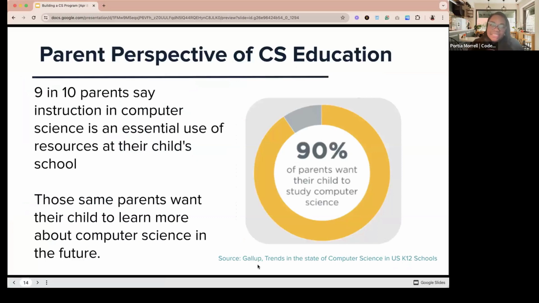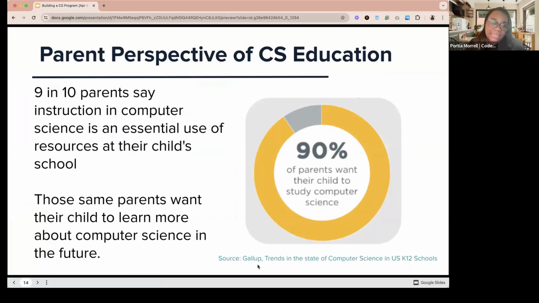And then last but not least, the parent perspective. 9 out of 10 parents say that instruction in computer science is an essential use of resources at their school for their child, and the same parents want their child to learn more about computer science in the future.